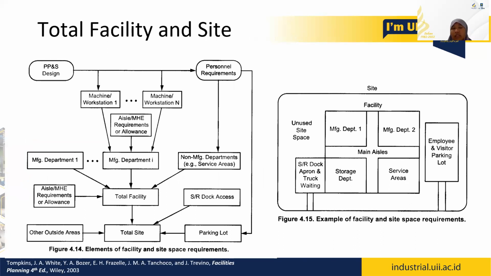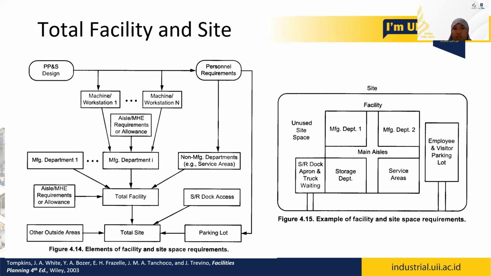So to calculate the total facility size, first you need to have the product, process and schedule design, and then you can try to find out the manufacturing department based on each workstation and each machinery, and you can add the aisle based on the aisle allowance before.